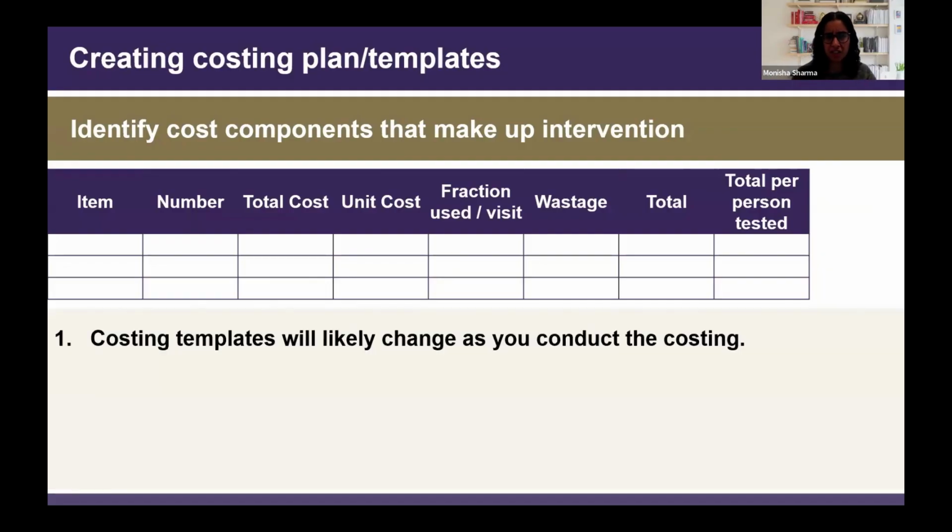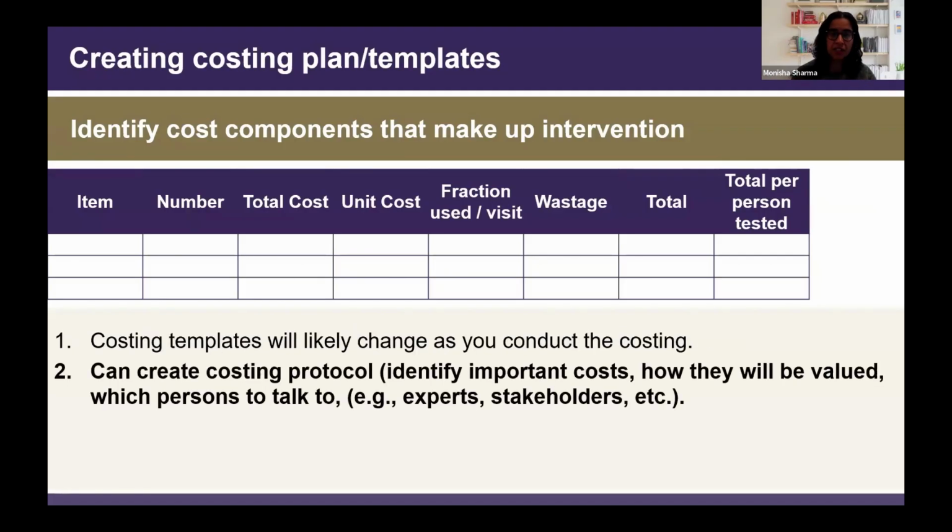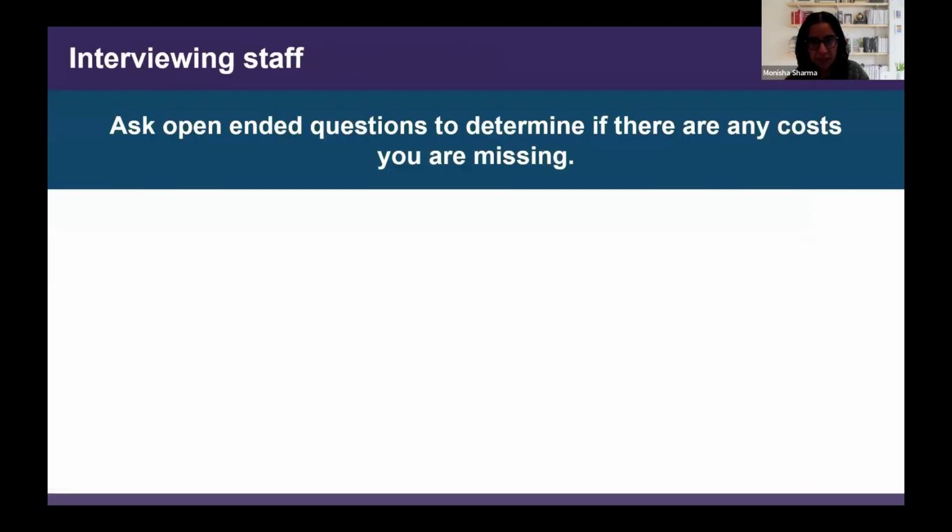And these will likely change as you do the costing. You'll find that you'll need to tailor any templates that you're using. It might be good to create a protocol before you start, so you can identify important costs and find out who you might need to talk to understand the resource use of the intervention.